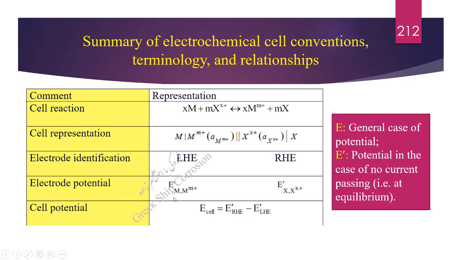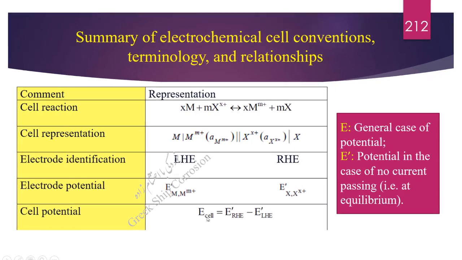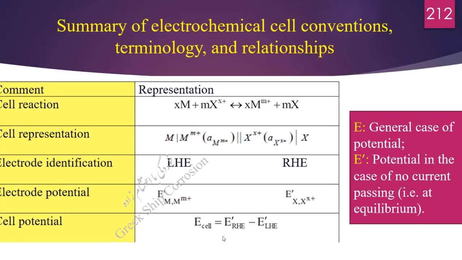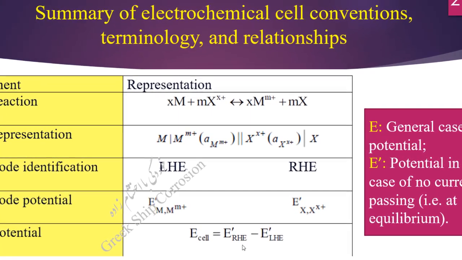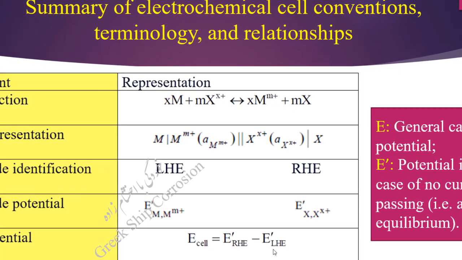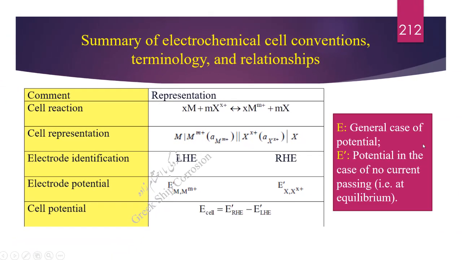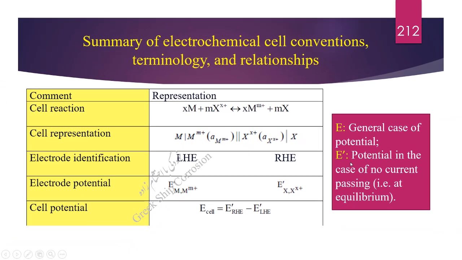Electrode potential: E' of M/M^(n+), E' of X^(m+)/X. Cell potential Ecell equals E' RHE minus E' LHE. In the general case, E' is the potential in the case of no current passing, that is, at equilibrium.